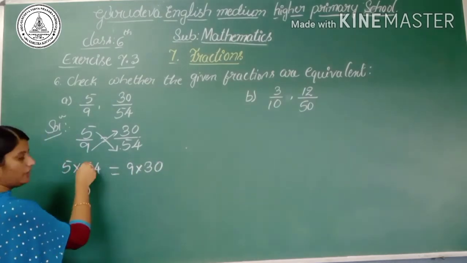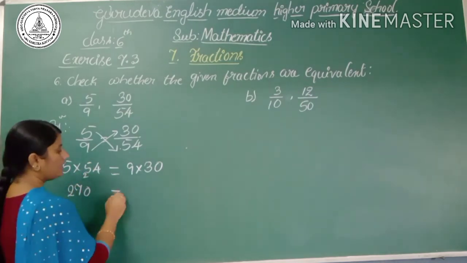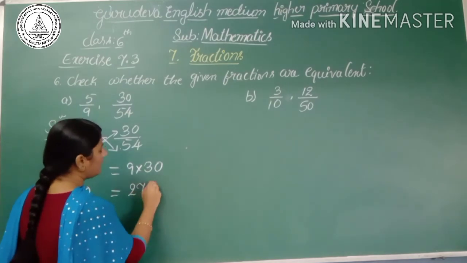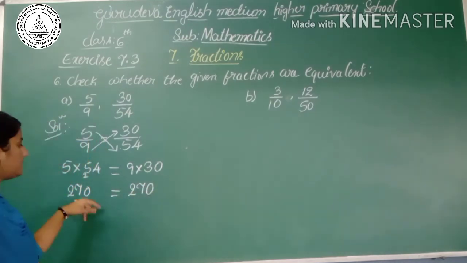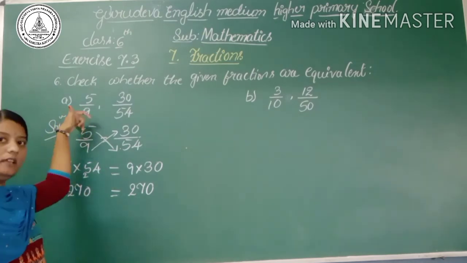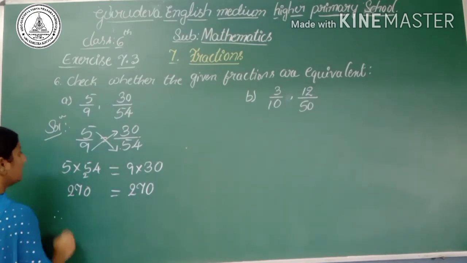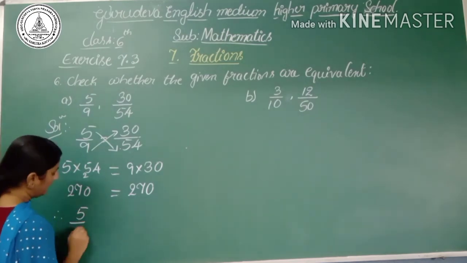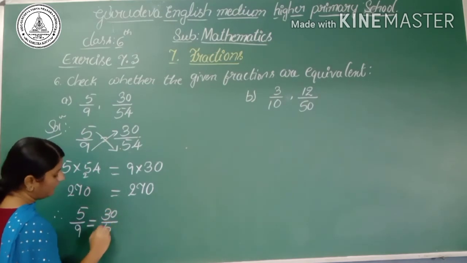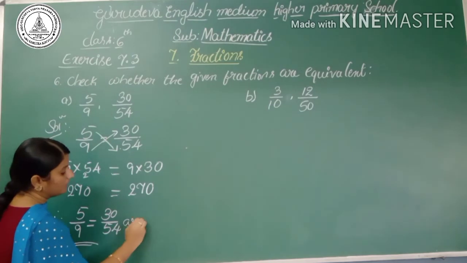Then 5 5s are 25, 25 plus 2 is 27. And 9 3s are 27, 9 0s are 0. So 270 equals 270, then the given two fractions are equivalent. Therefore, 5 by 9 and 30 by 54 are equivalent.